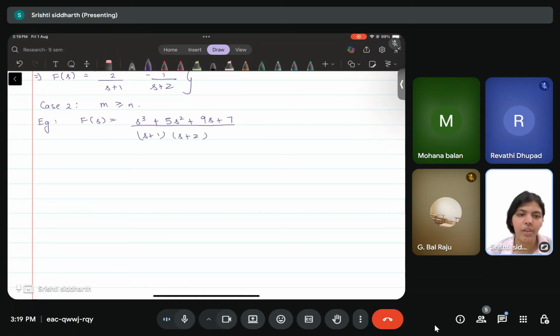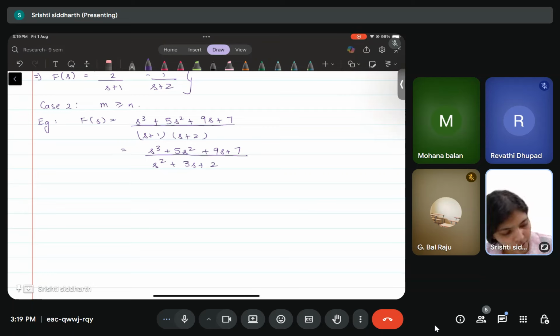So this is the case when the degree of the numerator polynomial is greater than that of the denominator polynomial. Let's just expand the denominator first. This becomes s square plus 2s, and this becomes 3s plus 2.